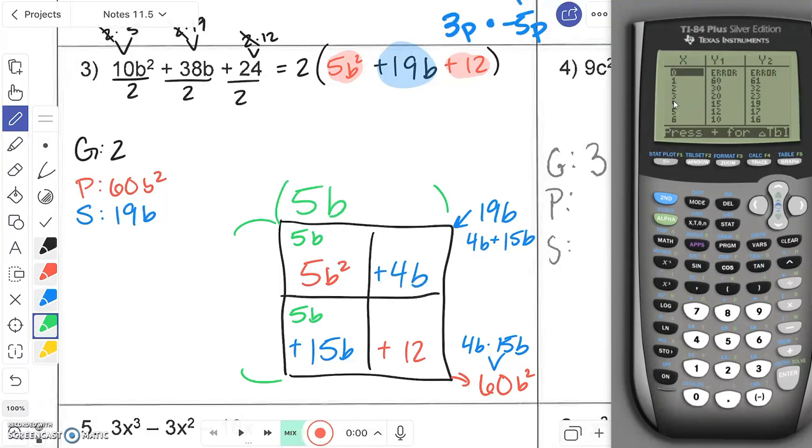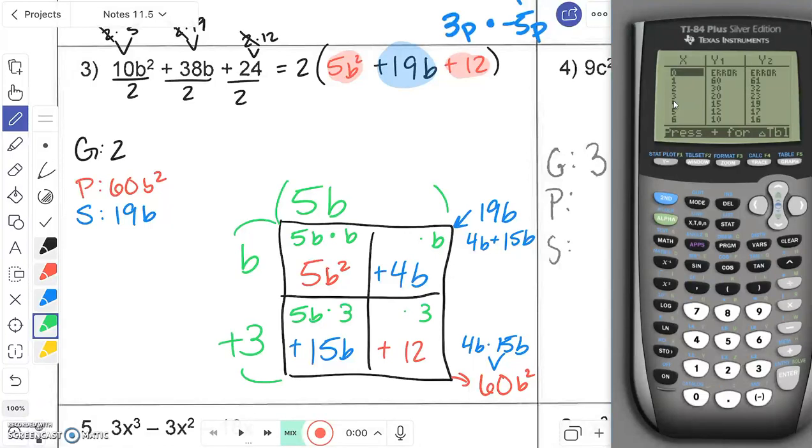And this is where I like to go back to my multiplication. 5b times b gives me 5b squared, which means that one has a b and this one pulls out a b. And then 5b times 3 gives me 15, which means this one has a 3 and this one has a positive 3.